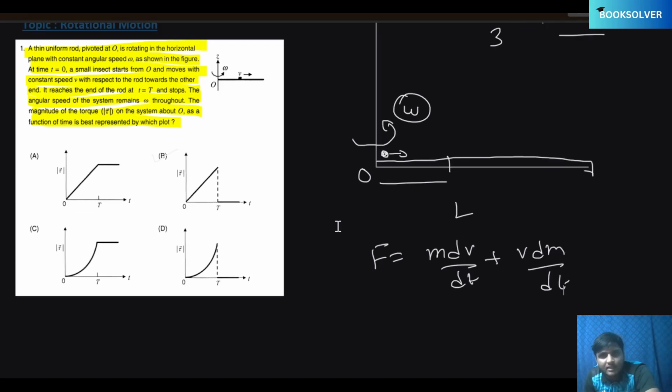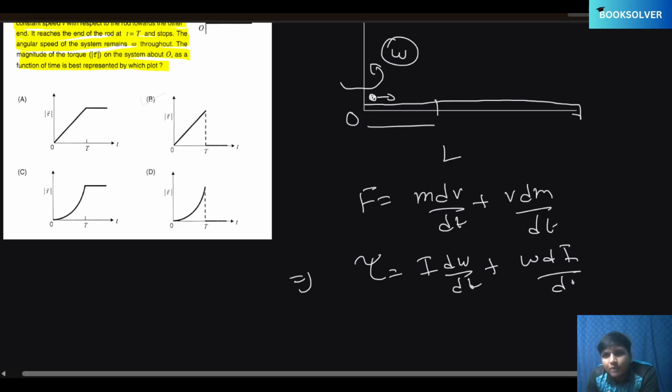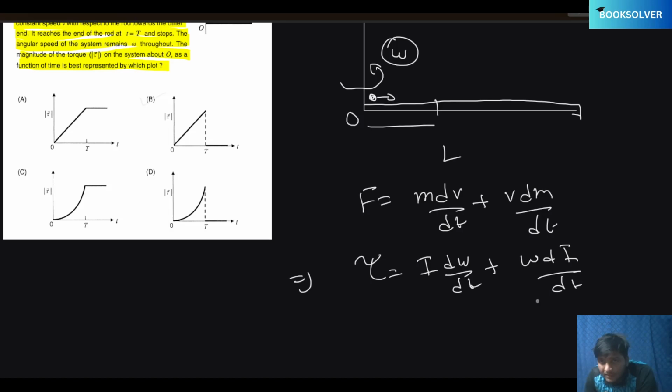Just like this is very similar to Newton's law, torque is also equal to I times d omega by dt plus omega times dI by dt. We know that generally in questions the moment of inertia doesn't change because the material is the same. That's why we ignore this part.